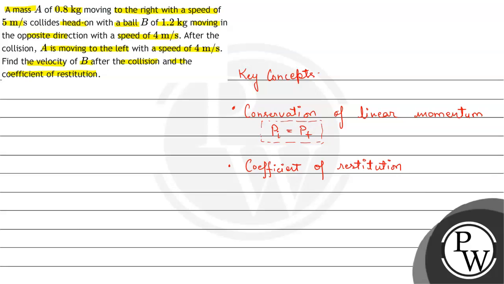Its formula is e = (V2' - V1') / (V1 - V2), where V1' and V2' are the final velocities of particles 1 and 2, and V1 and V2 are the initial velocities of particles 1 and 2.